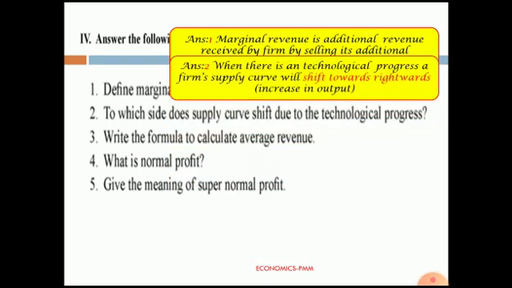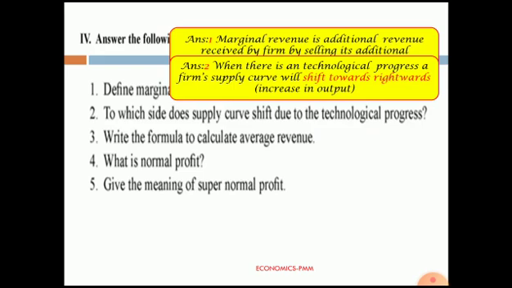To which side does the supply curve shift due to technological progress? Second one, when there is technological progress, any firm's supply curve will shift rightwards. If we explain it diagrammatically, we will come to know rightward shift means increase in output. And students, the opposite of this, leftward shift, means decrease in output.